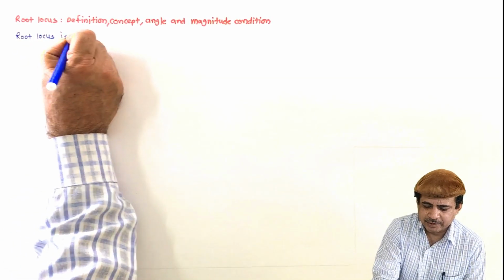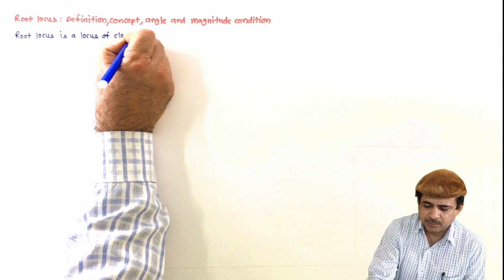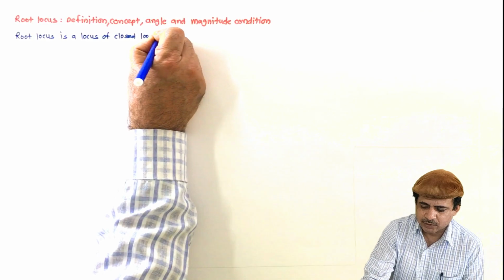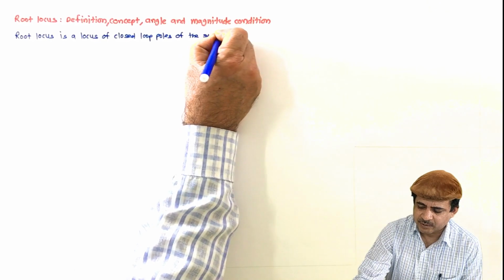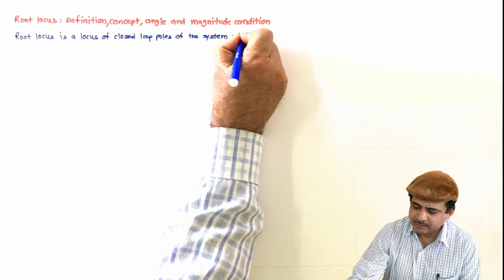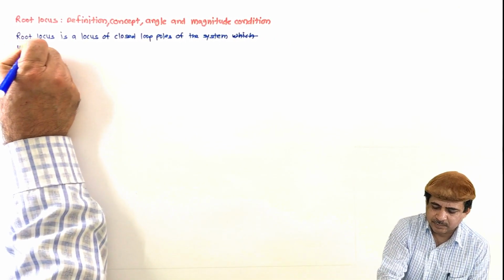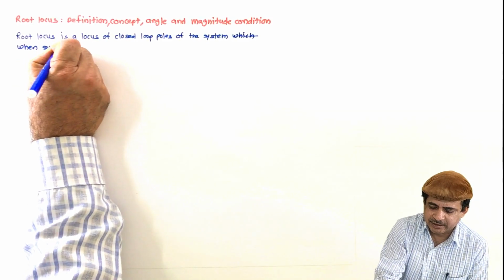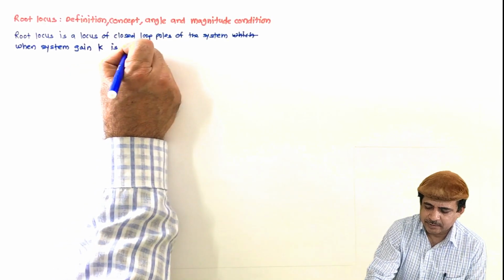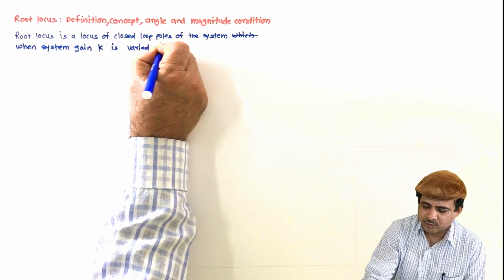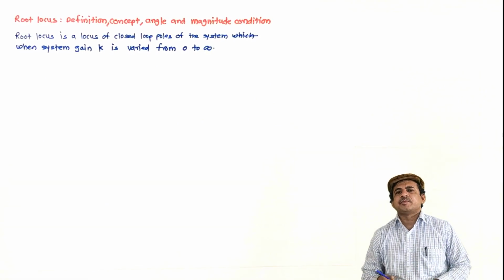Root locus is a locus of closed loop poles of the system when system gain k is varied from 0 to infinity.